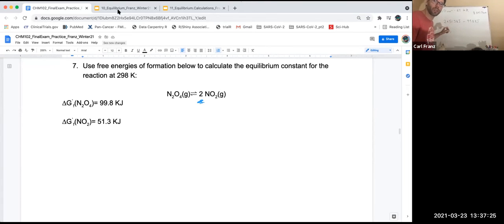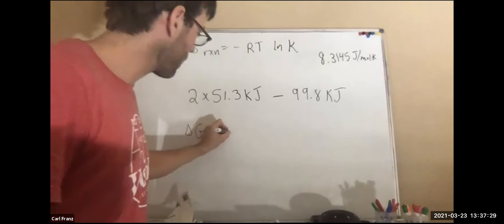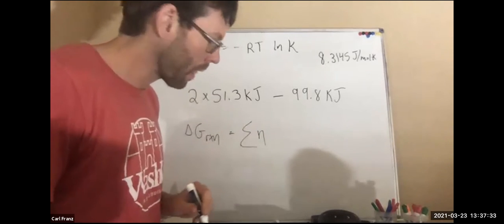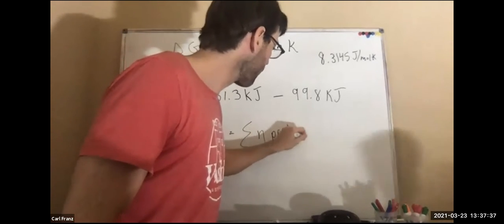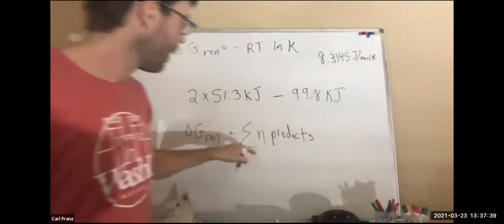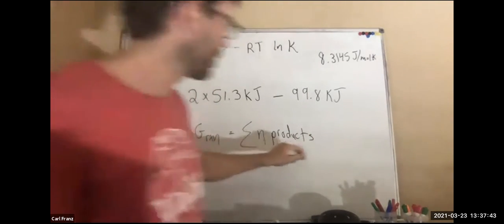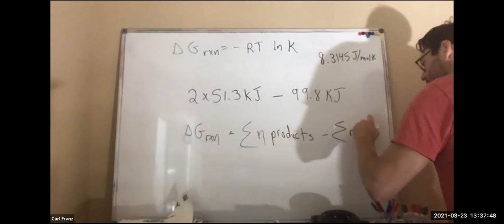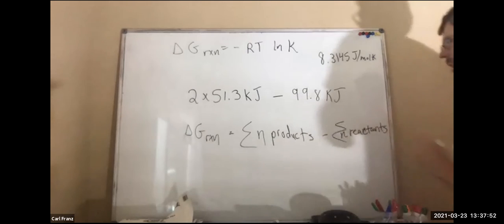let me stop sharing here so you can see the board better. The free energy of the reaction is equal to the sum of the products times their respective coefficients minus the sum of the reactants times their respective coefficients.